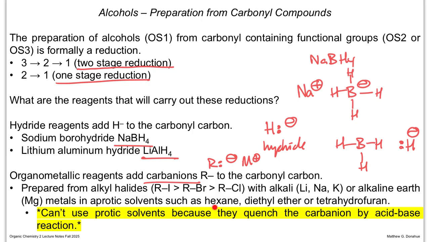So these are typically things like nonpolar alkanes, hexane, ethers, diethyl ether, or tetrahydrofuran, which is another type of ether. And so even though they have CH bonds, they're not acidic CH bonds that will react with our reducing agent.